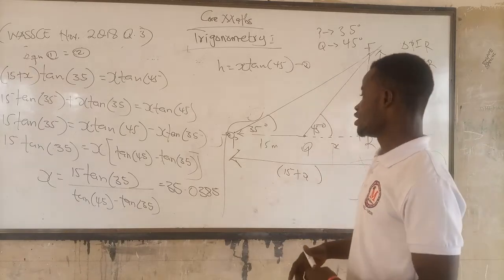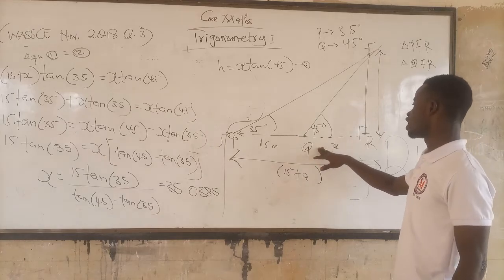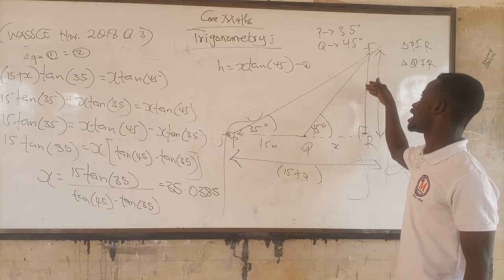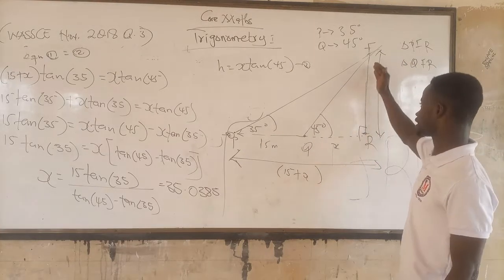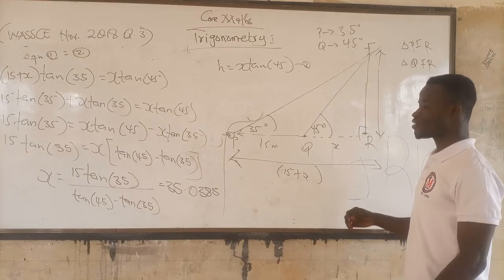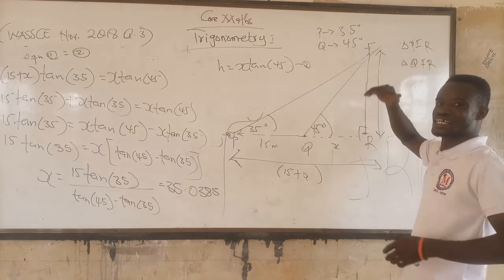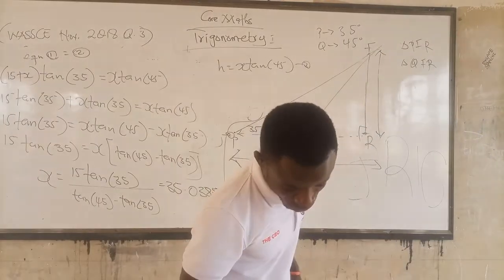Now, if that is the x, we are not looking for the distance from Q to where the pole is. No, we are rather looking at the length of the tower. That is what we have to calculate.